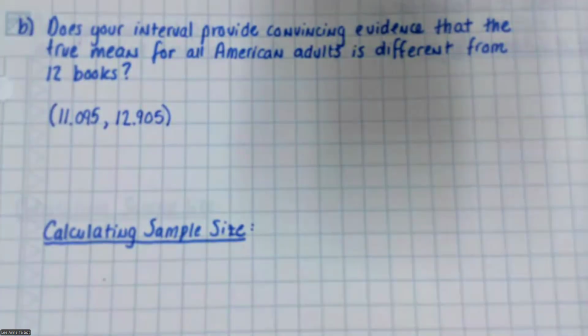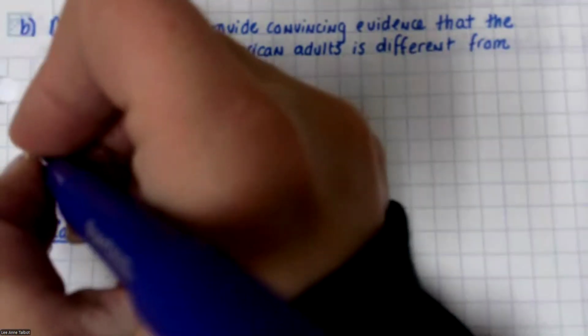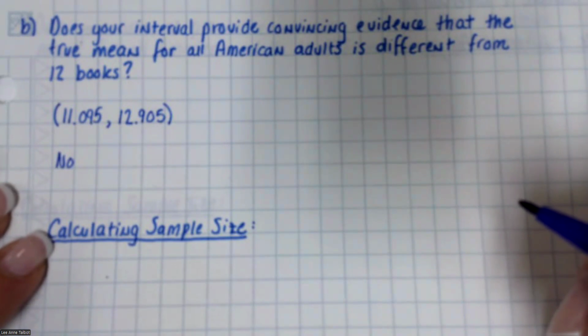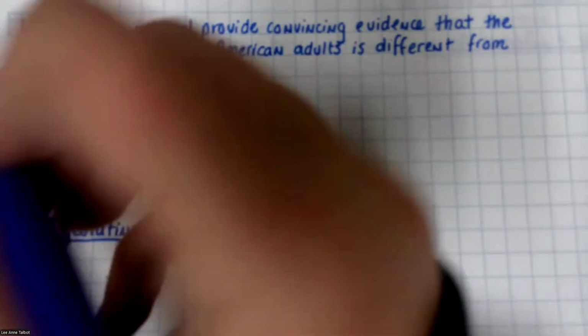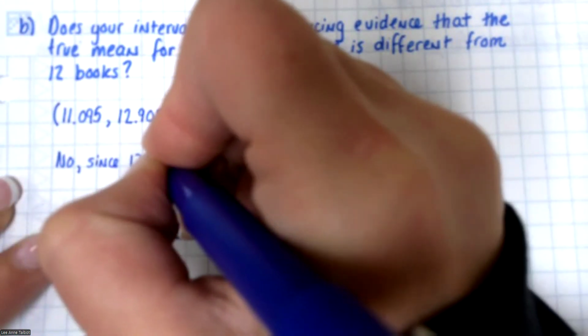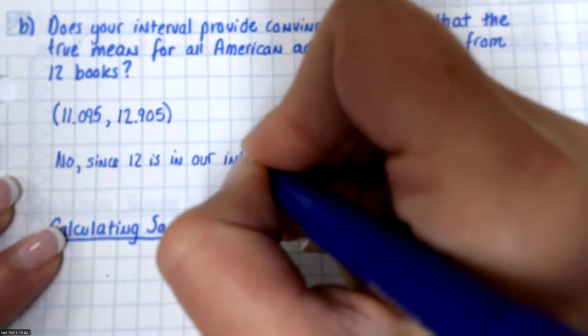Does your interval provide convincing evidence that the true mean for all American adults is different from 12 books? No. It doesn't provide convincing evidence that the mean is 12 books either, but whatever. We're going to go through the motions here for College Board. No, since 12 is in our interval.